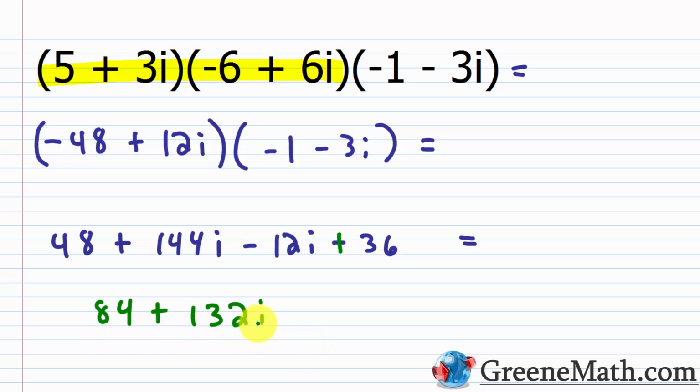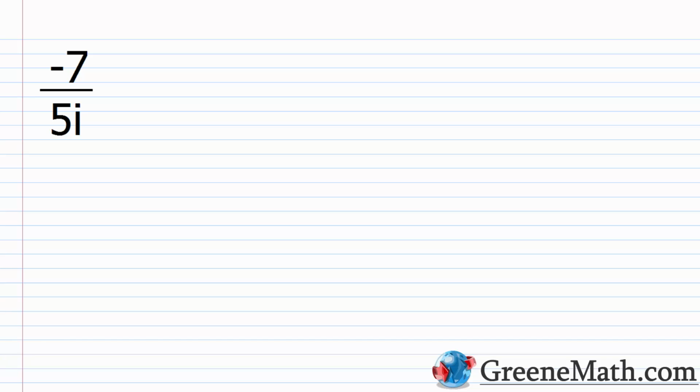All right, so let's talk a little bit about dividing with complex numbers. You need to be aware that, again, the definition of i is that it's equal to the square root of negative 1. So if I have negative 7 over 5i, this is really like saying I have negative 7 over 5 times the square root of negative 1.